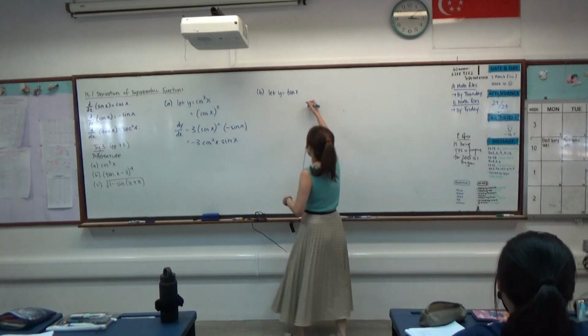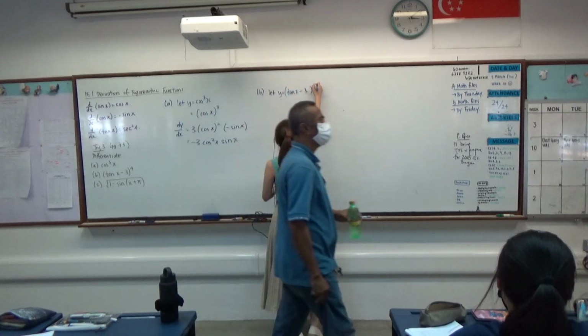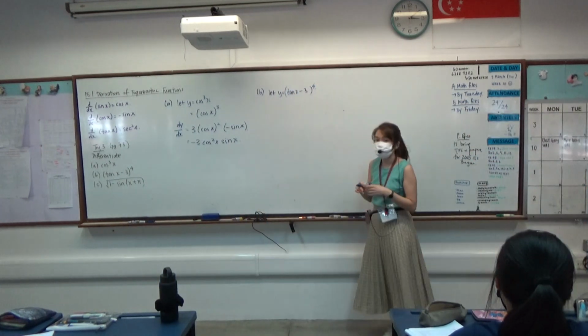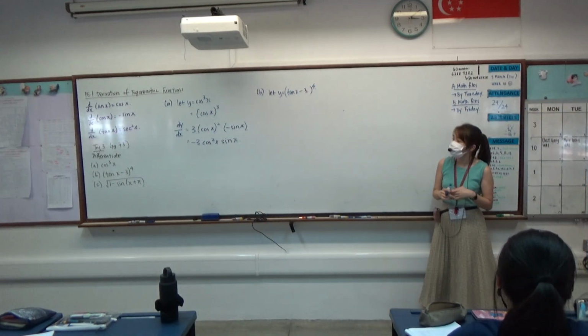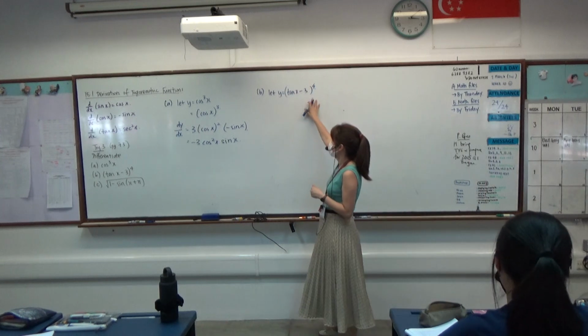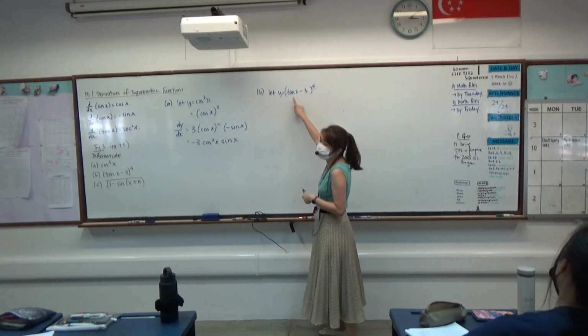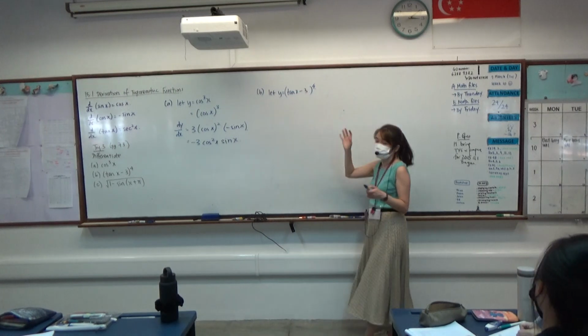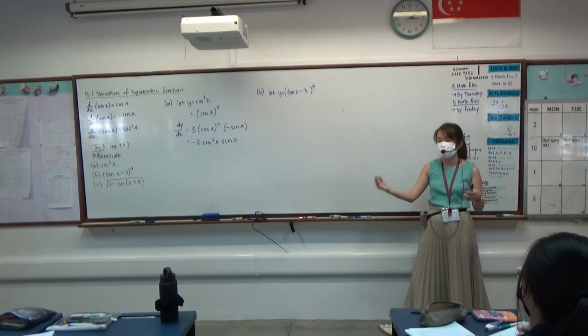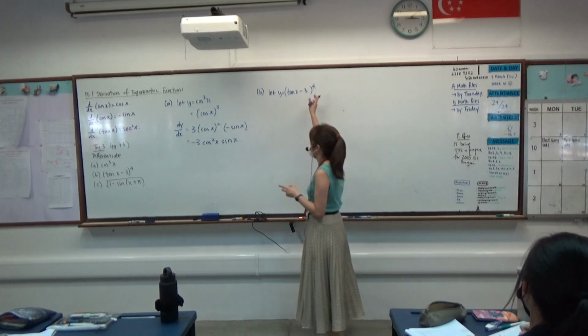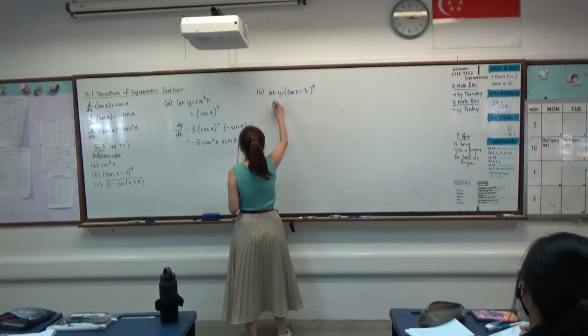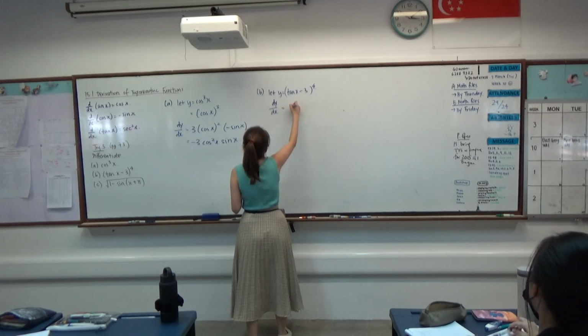Okay, tangent x minus 3 to the power of 4. In this case, do keep in mind, for this one you cannot bring in the power, because this is tangent x minus 3 multiplied by itself 4 times. So we bring down the power in our differentiation.